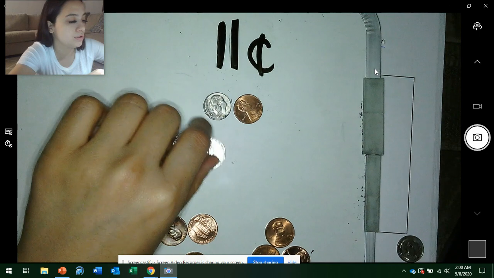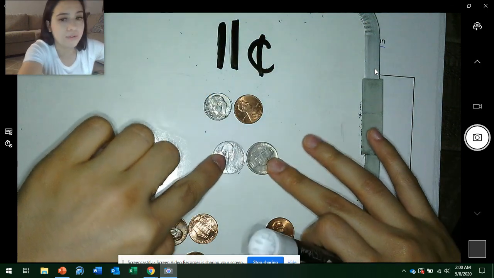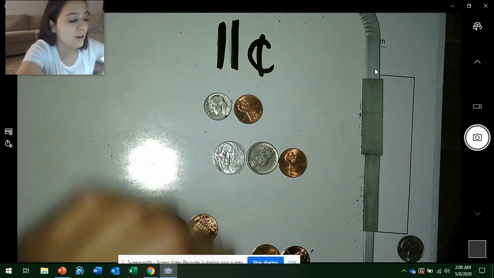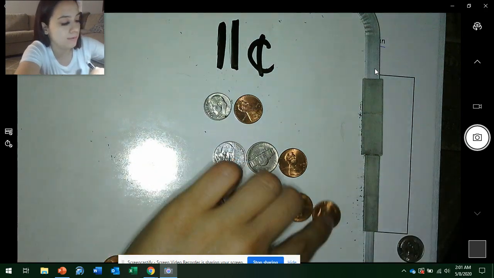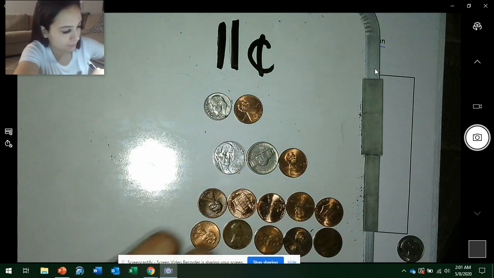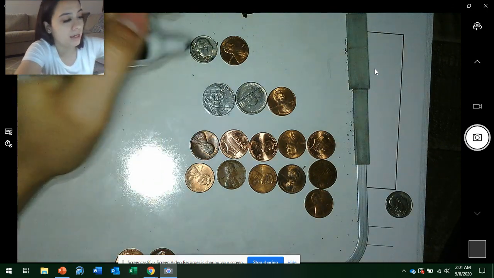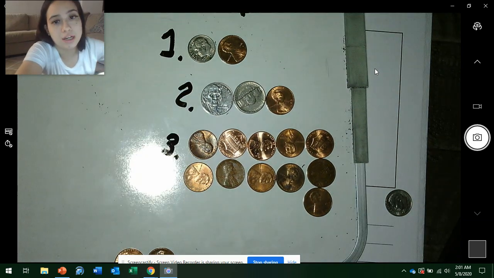Or you could have used a nickel, 5, 10, another nickel, because they're both 5, so 5, 10, and a penny is 11. Or you could have just simply used 1, 2, 3, 4, 5, 6, 7, 8, 9, 10, 11 pennies. You could have made these 3 combinations to make 11 cents.